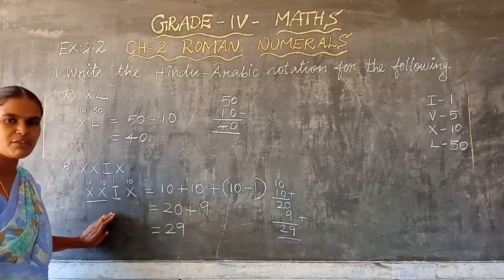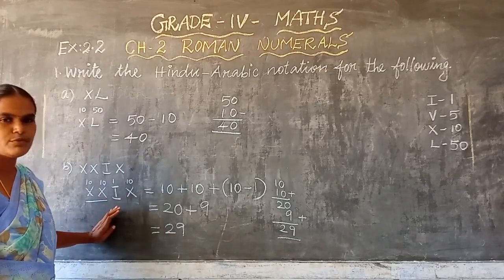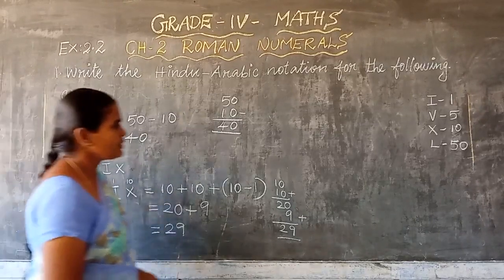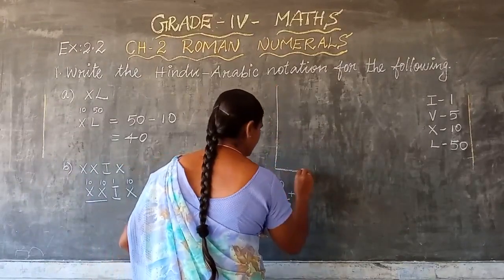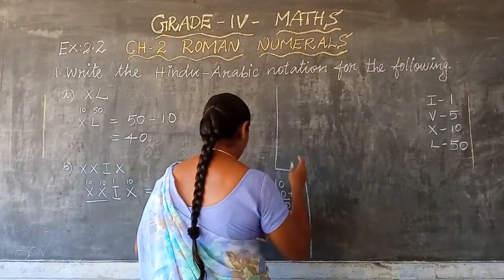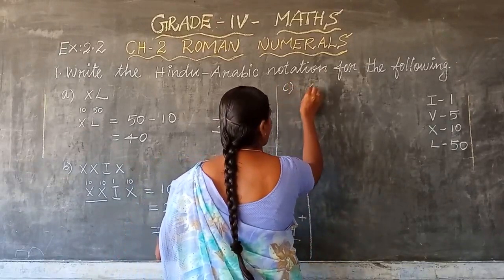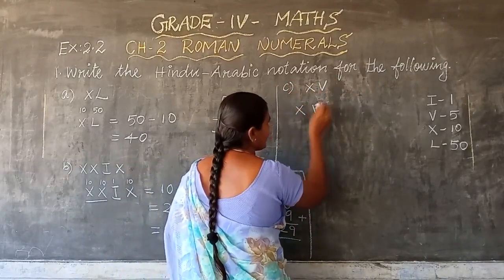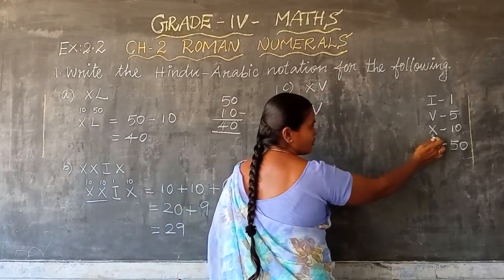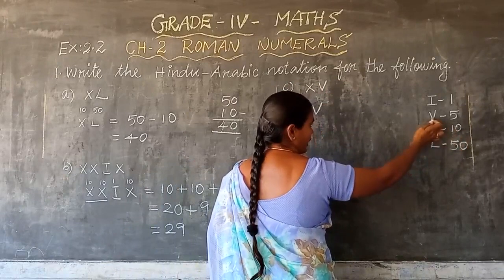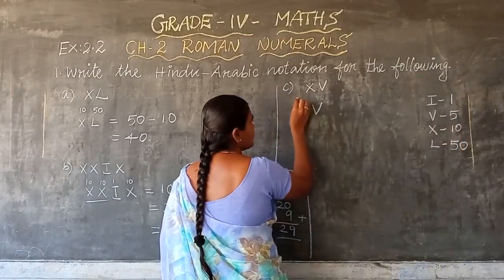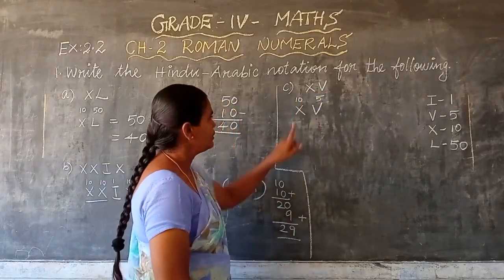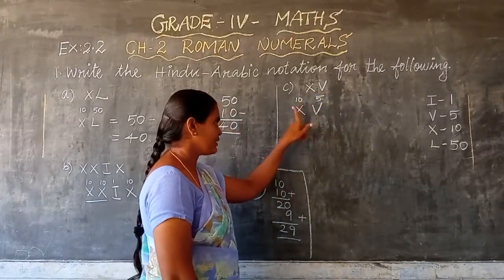So rules are very important. If we know the rules very well, then Roman numerals are very easy. Next one, XV. Value of X is 10, value of V is 5. 10, 5. See here, which one is the greater number? 10.